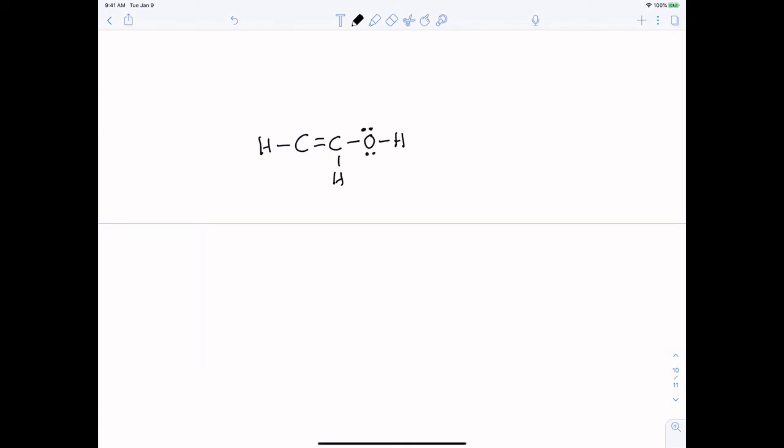Don't break the octet rule on oxygen or nitrogen either, and then you can just pretty much connect stuff however you want. So for our first one, I am going to show the lone pairs for this exercise. If there aren't lone pairs shown, then there aren't lone pairs.